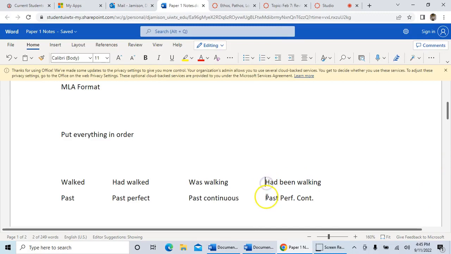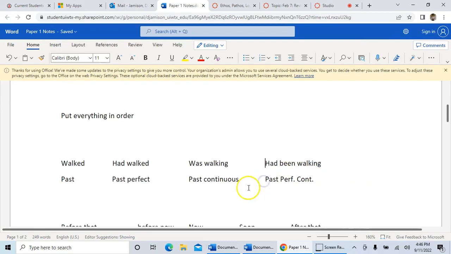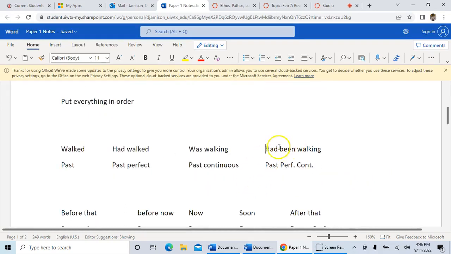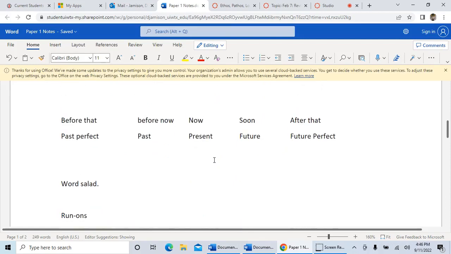And then past perfect continuous would be before the story. This is something that was happening all the time. I had been walking to the store or whatever. So, yeah, try to avoid had and try to avoid putting was in front of your verbs if you can avoid it. I hope all this makes sense.